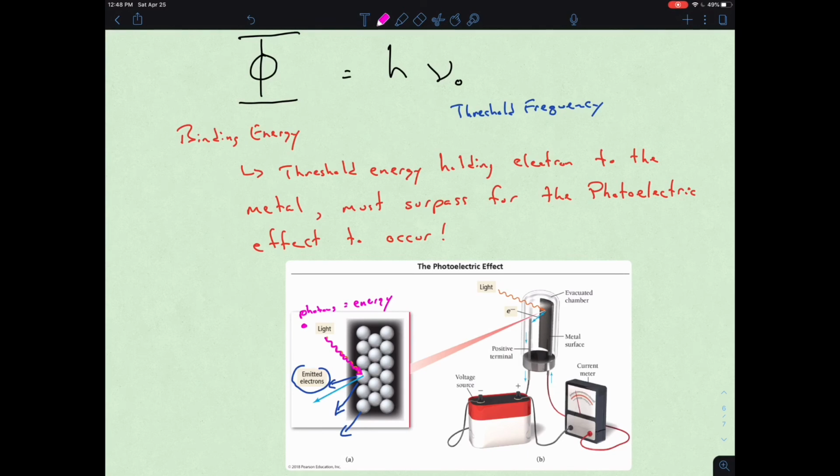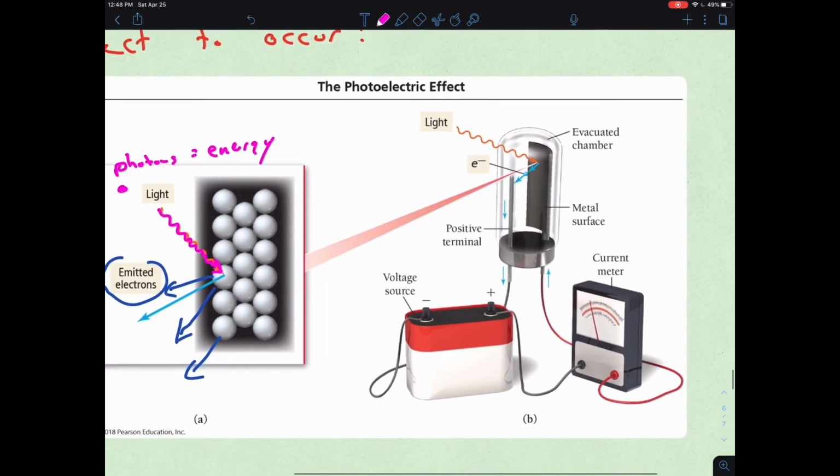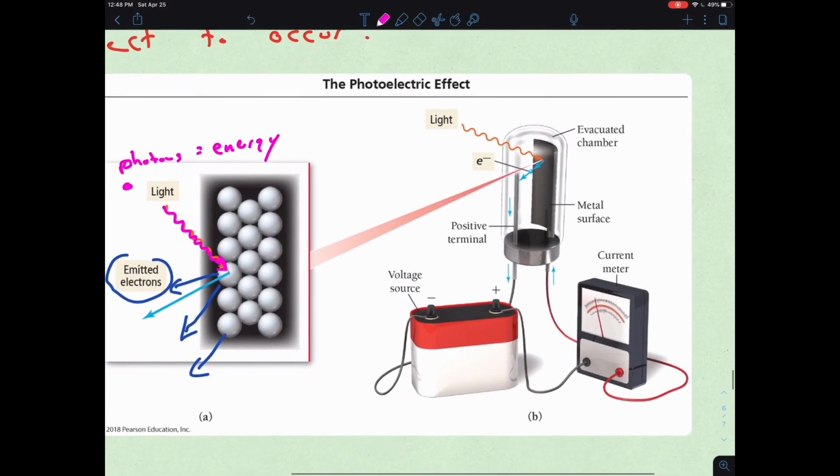So if we actually look at the experiment on the right, I'm just going to expand this so you can really see more of the intricacy of it. On the right we have, at the very top, a tube that is an evacuated chamber. And we have a metal on one side and a terminal on the other. If you follow the diagram around, you have a positive terminal that's hooked up.